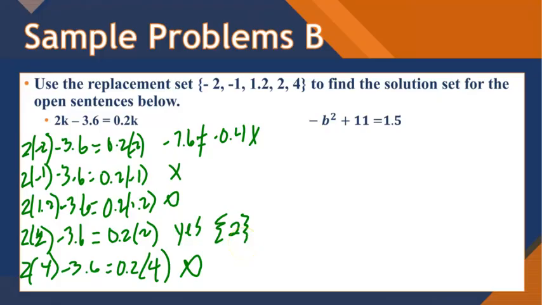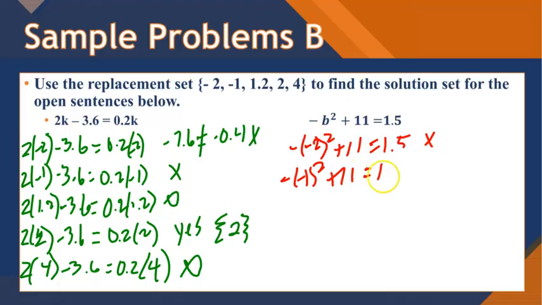And then the other side here, we have negative n squared plus 11 has to equal 1.5. Negative 2 squared is 4 times negative 1 is negative 4. Plus 11 is 7. So 7 does not equal 1.5. Try negative 1 squared plus 11. 1 squared is 1 times negative 1 is negative 1 plus 11 is 10. 10 does not equal 1.5.